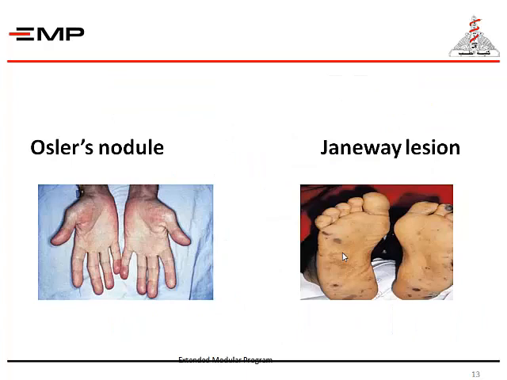There are two characteristic lesions with infective endocarditis: Osler's nodules and Janeway lesions.